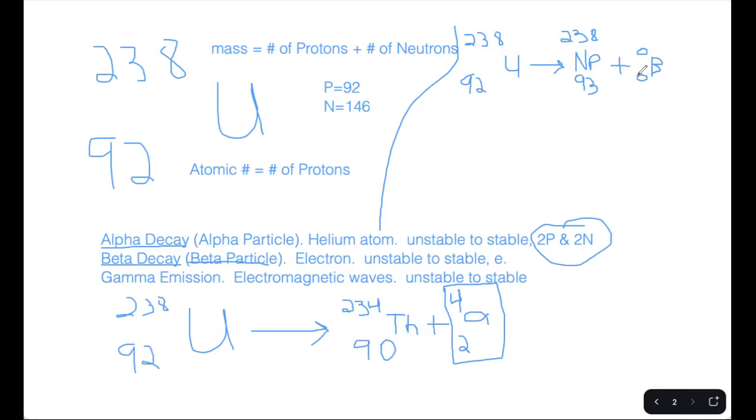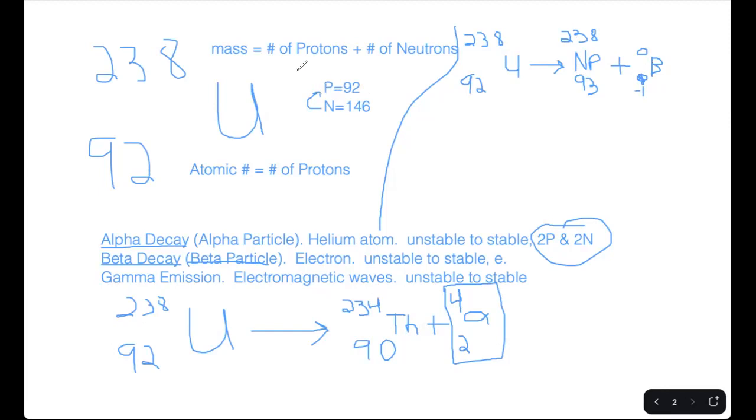Now, sometimes what you're going to see is instead of this written as a 0, it's going to be written as a -1. Now, that's not because a beta particle is negative. It's because when a beta particle is emitted, we're actually going to increase the number of protons by 1, but not affect the mass because we're just converting one of the neutrons into a proton. So we're just seeing a little bit of a transformation.